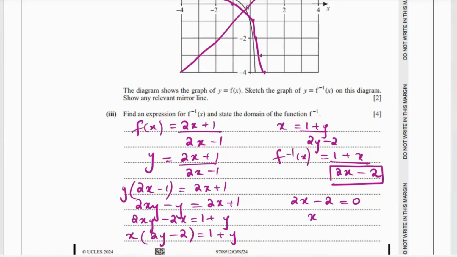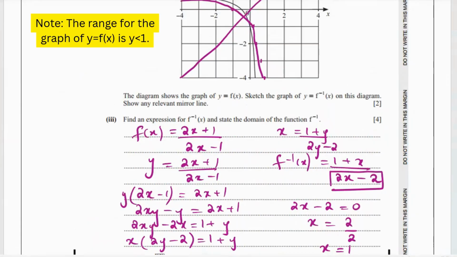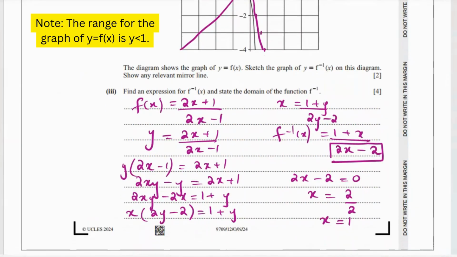So x is going to be 2 out of 2, which is 1. X cannot be equal to 1. So if you look at the graph, it's less than x equals 1, but not greater than, which means our domain is going to be x less than 1. That's your domain, and your inverse function is 1 plus x over 2x minus 2. That's your answer.